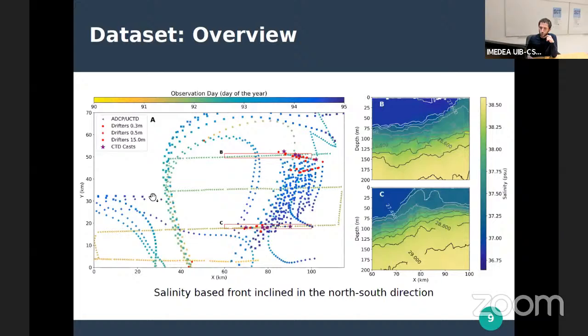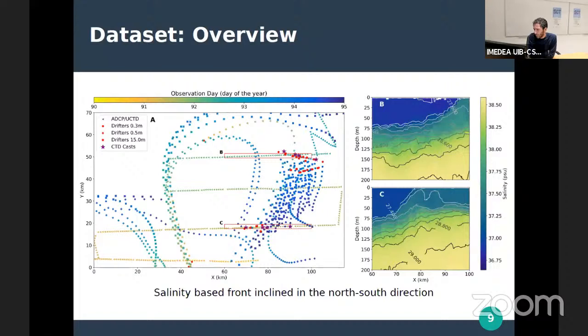You can see also some other points besides the ship transect that are the drifters, since, as I said, in this campaign we have been deploying a lot of drifters, and some of them passed into the study area even after we left the area. So it's interesting that they give us an idea of the synopticity of the features.